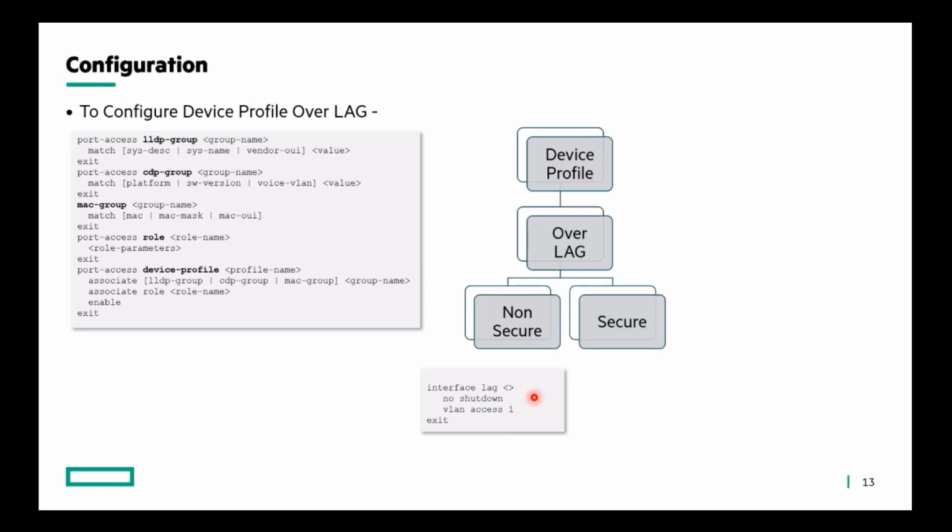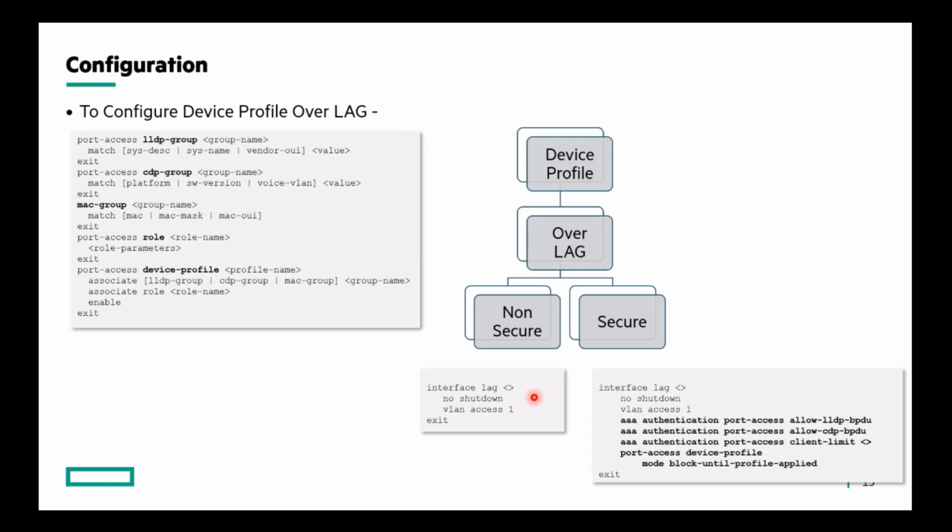Next is the secure mode, where we want to restrict, so that only if there is a match, the port is unblocked. For that, we need to create the LAG with these CLIs mandatorily. As I said, if you want to make the client a secure client, the port has to be blocked, and it can only be unblocked with secure device onboarding. We need to configure the port access device profile mode as block until profile applied.